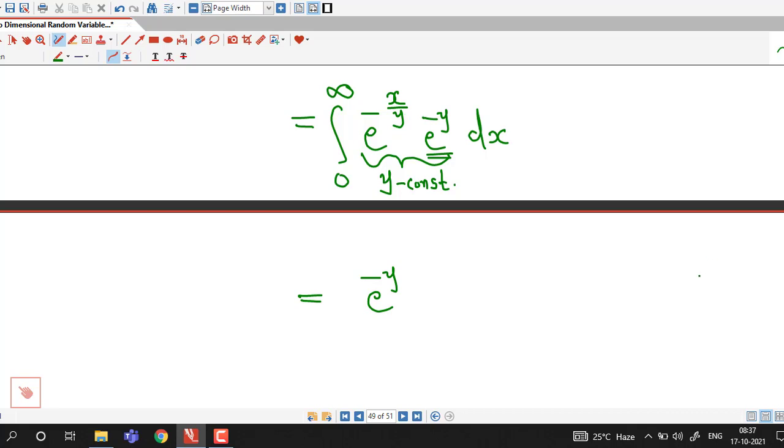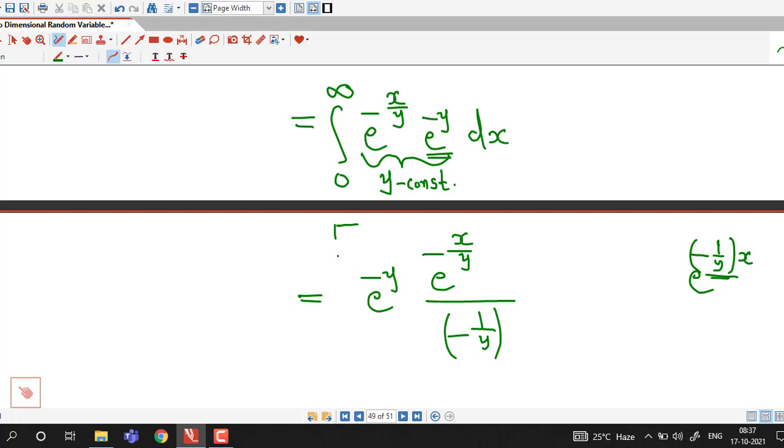Here also we can write e raised to minus x by y as e raised to minus 1 by y times x, where minus 1 by y is considered as constant. So integral is e raised to minus x by y, and we have to divide by coefficient of x, which is minus 1 by y, and limits of x are from 0 to infinity.